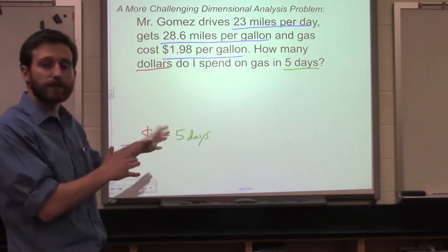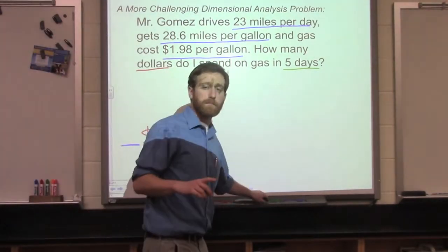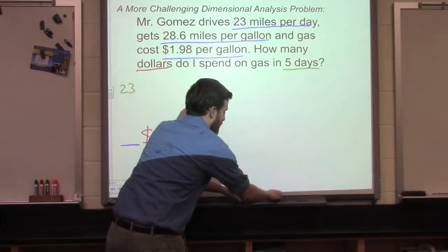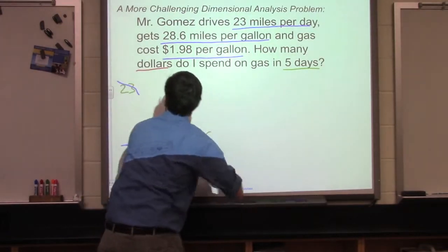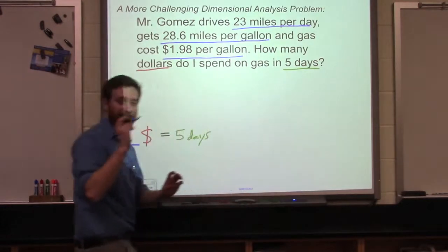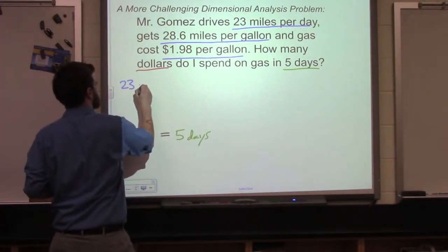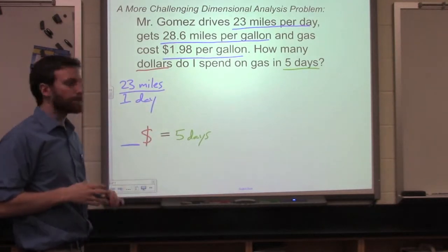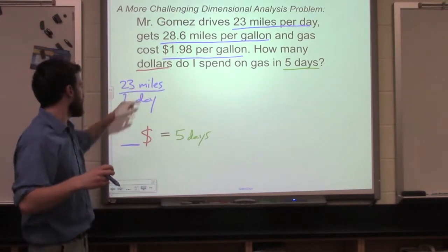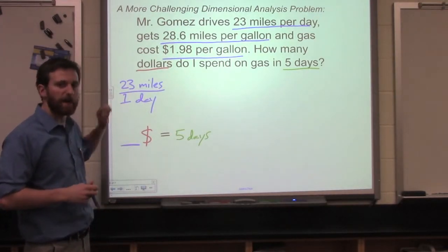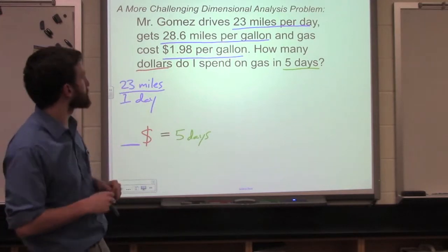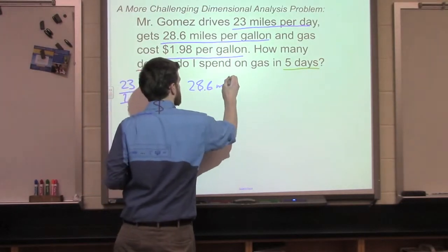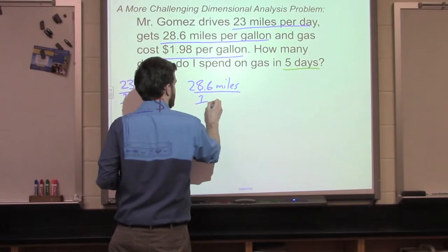Before I can do this problem, I'm just going to write out my conversion factors so that I can easily use them. So, 23 miles per day expressed as a ratio looks like this. Keeping my color scheme going. I interpret 23 miles per day as 23 miles per 1 day. It's important to put that 1 in there. 28.6 miles per gallon, I interpret as 28.6 miles per 1 gallon.